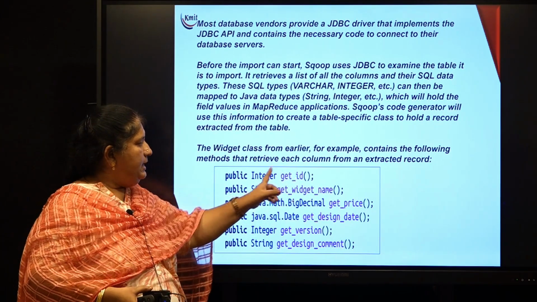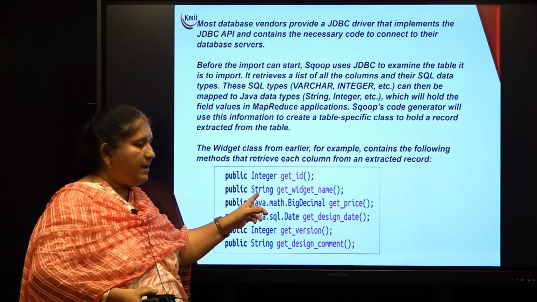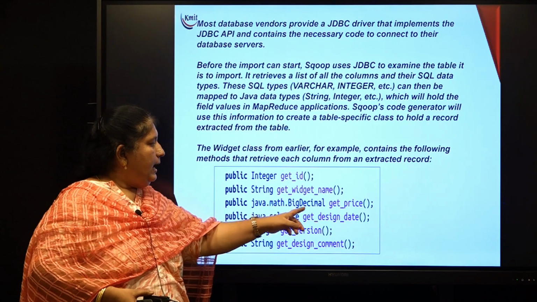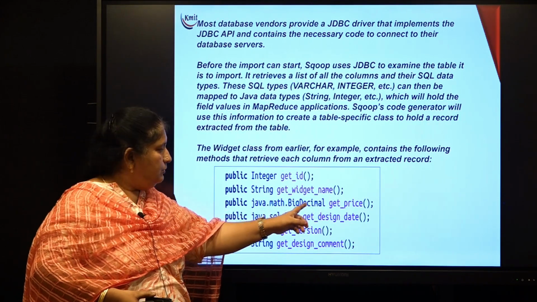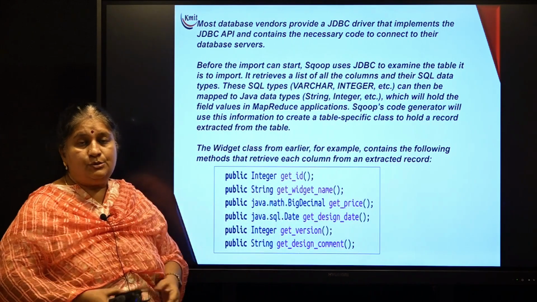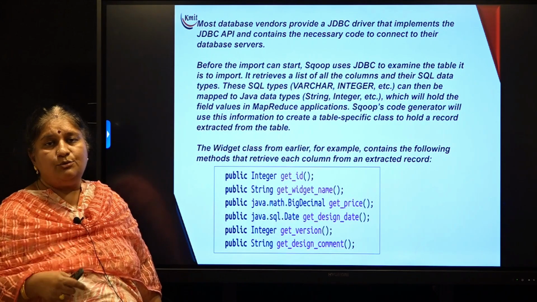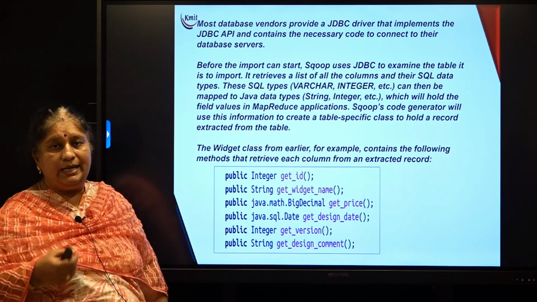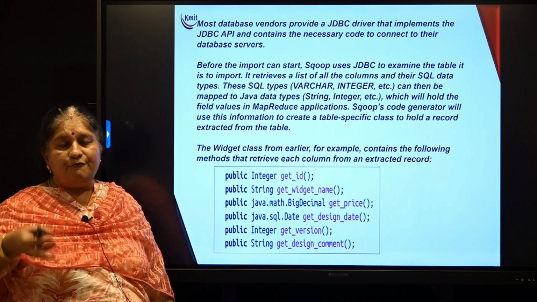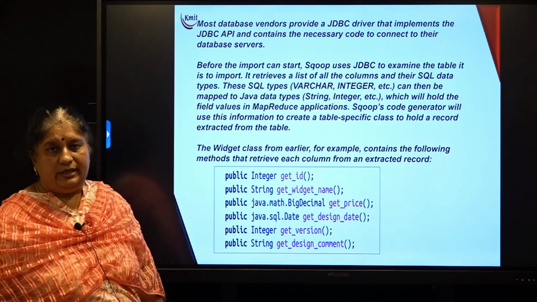ID is of integer data type, widget name was varchar so it is mapped to the string data type, and get price, it was a float value, is defined as math.bigdecimal, and so on. So it first observes the data types of the table and maps them onto Java's built-in data types, and the respective functions are automatically generated by the code generator.